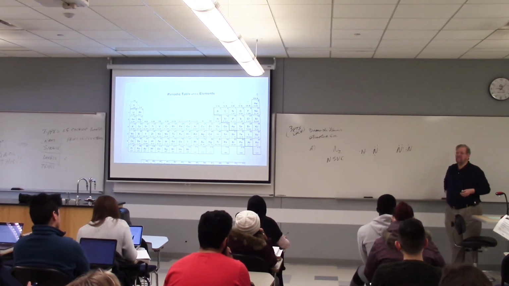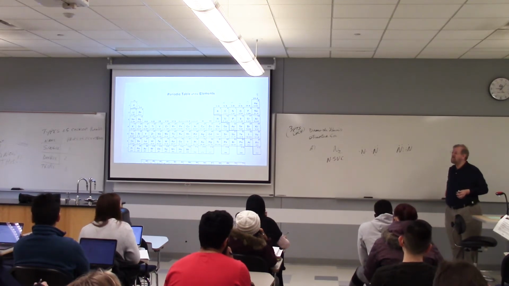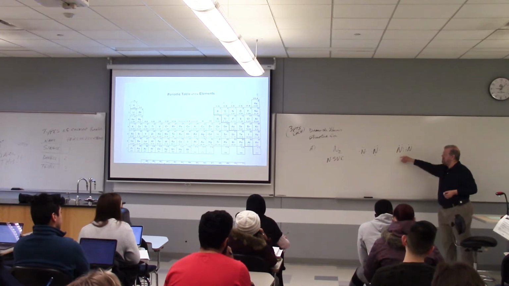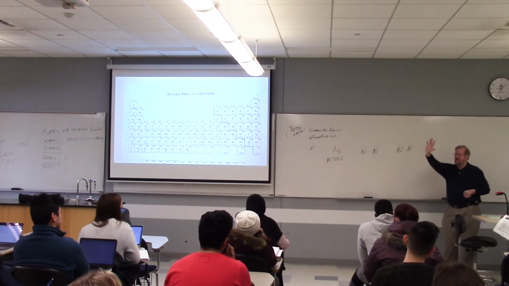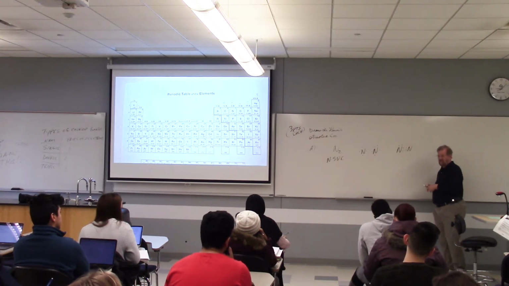Now, I've talked about the octet rule. All atoms want to have 8 valence electrons. And if we look at this nitrogen, and I talked to you last week, I have magic organic chemistry hands. I covered that one, and how many electrons do you see? 2, 4, 6, 8. That's good.